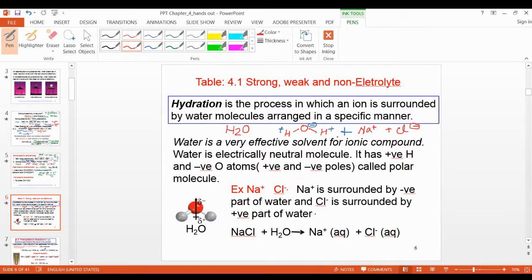How they interact, I'll show you here. Look at here, come down. The oxygen is negative. This hydrogen is positive, these are the two hydrogens. It is partially positive, partially negative, right?